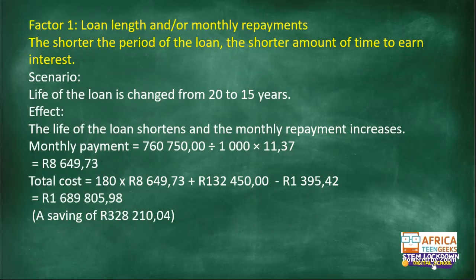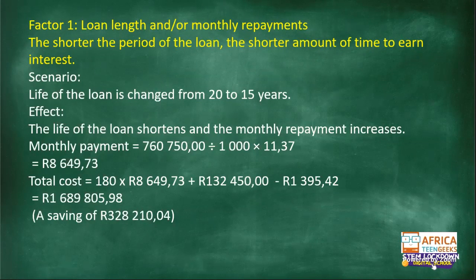If the life of the loan has changed from 20 years to 15 years, what is the effect? The effect is that the life of the loan shortens and the monthly repayment increases. So you can see that even though your total loan amount will decrease, your monthly repayment has to increase. You have to pay more on a monthly basis.